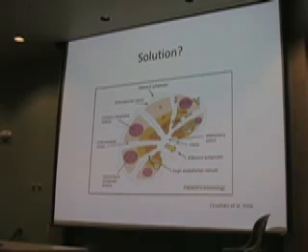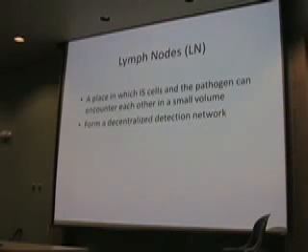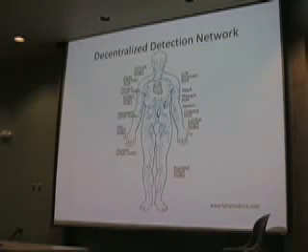The solution is to have these fantastic anatomical structures called lymph nodes. They are a place in which immune system cells and pathogens can actually encounter each other in a very small volume of tissue, and they form this amazing decentralized detection network throughout our body. It's like having these detectors, just like sensors.